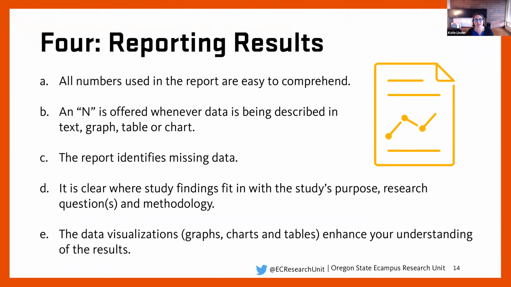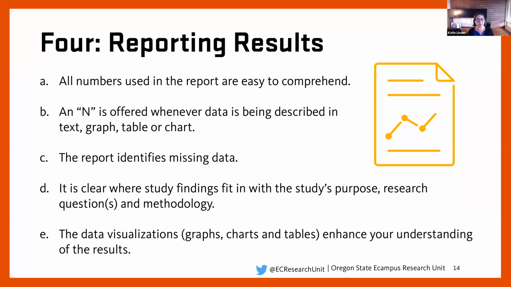Part of that process is shown in letter B, which is the N. The N here is a big capital N, usually refers to the sample, right? So how many people were interviewed? How many people were a part of an online survey? It's very important for us to understand what is the population under study, how many responded, and what data is being shown in terms of the respondents.